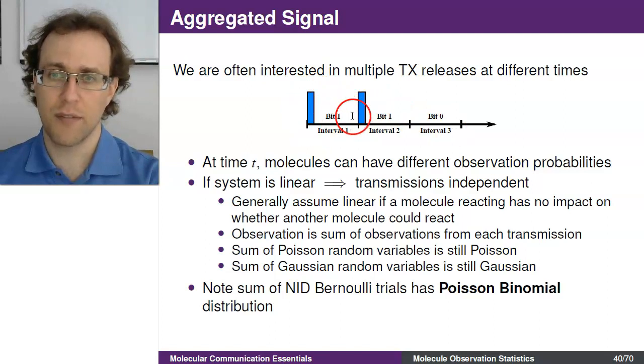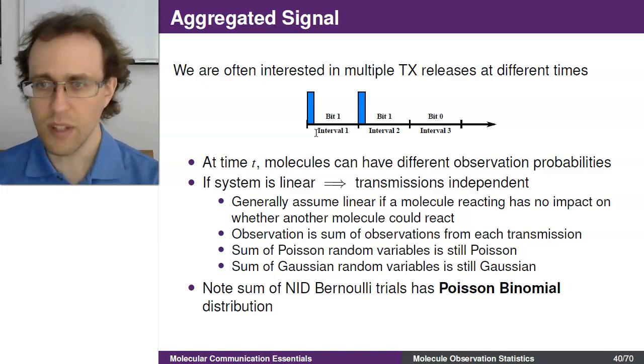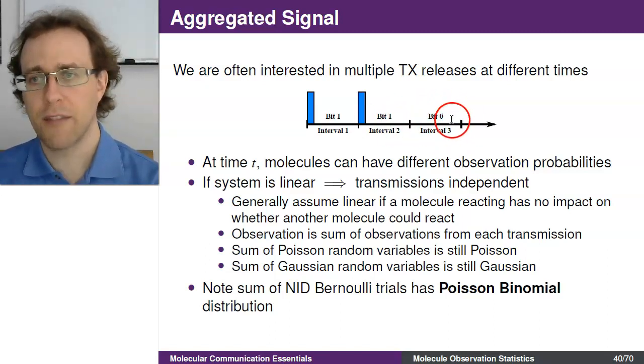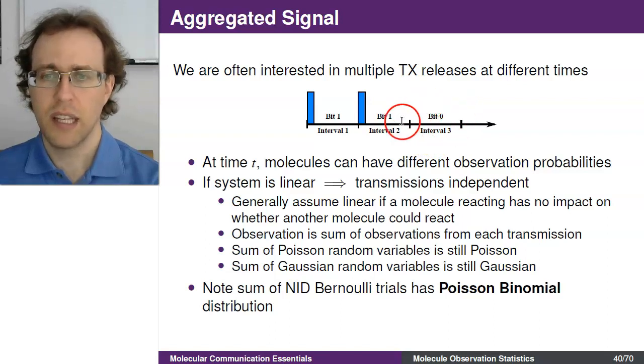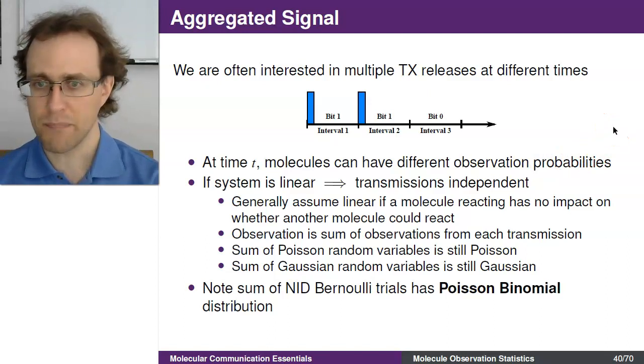And it's possible then for every 1 that we'll have some associated impulsive molecules that are created at our transmitter. So at some later time, after there have been multiple transmissions, the molecules that have been released are going to have different underlying observation probabilities.